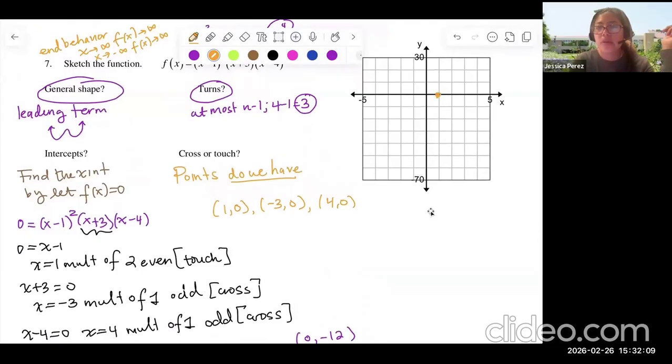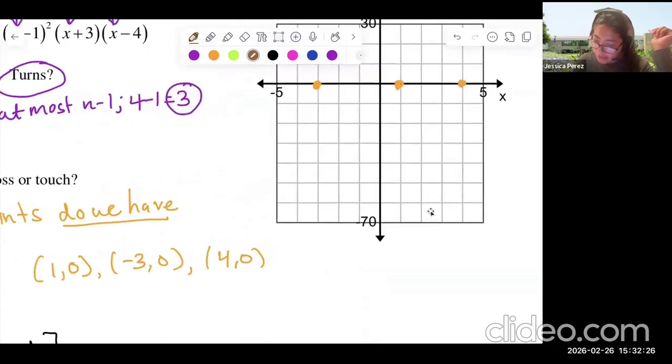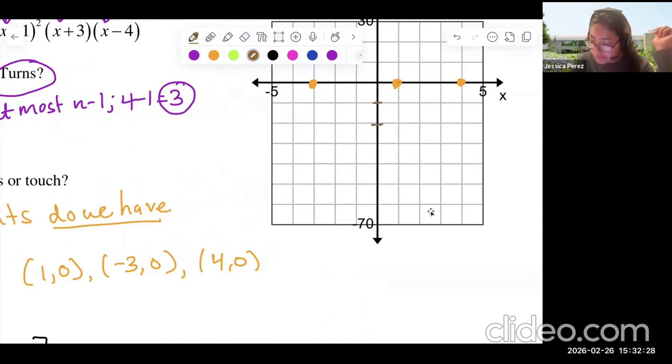So 1 comma 0, negative 3 comma 0, and 4 comma 0, which are my x-intercepts. Now my y-intercept is negative 12, but be careful. This is 10, negative 10, negative 20, negative 30. These tallies are worth 10 points. So negative 10, negative 12 will be somewhere here.